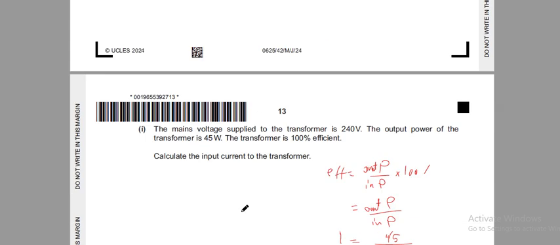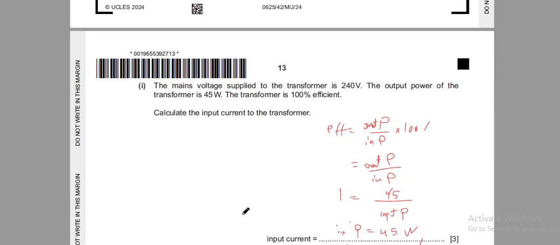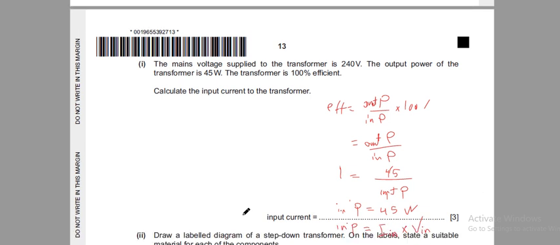here's the step down transformer. Mains voltage 240, output power 45. The transformer is 100% efficient. Calculate the input current. Efficiency equals useful output power over input power times 100, and putting the percent, or we can remove all of this and only write it as 0 point some number.